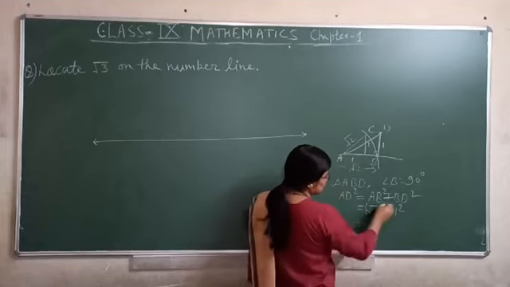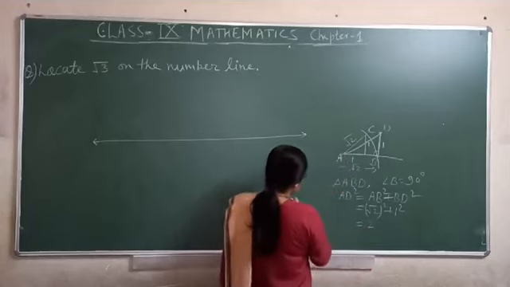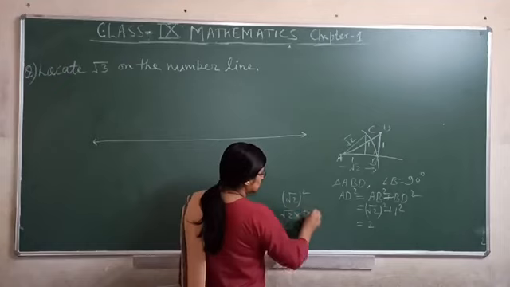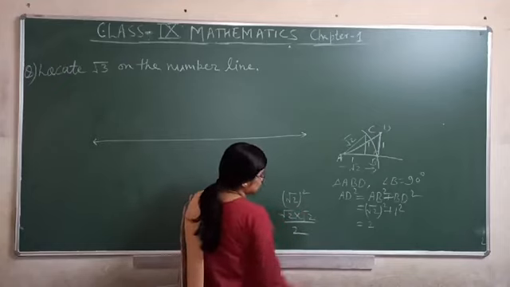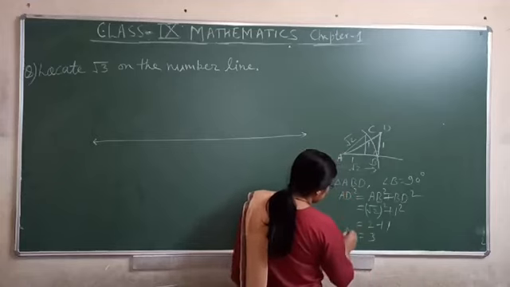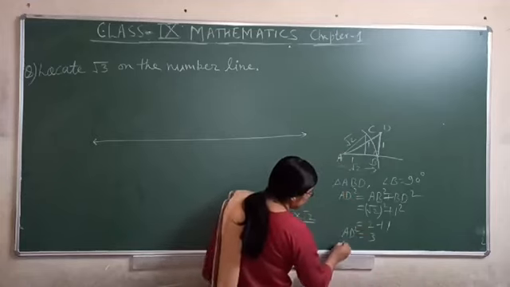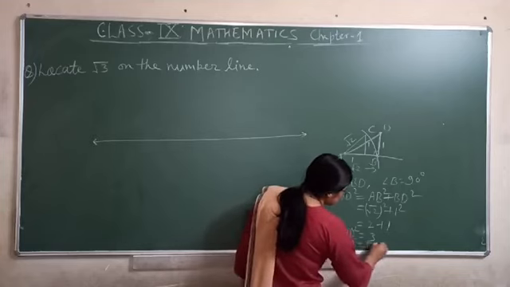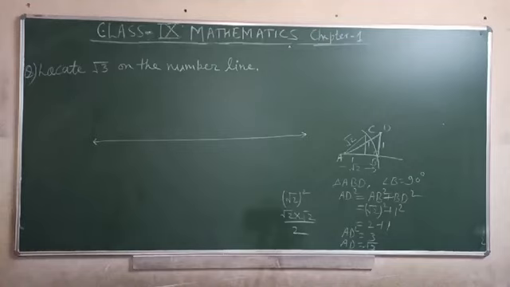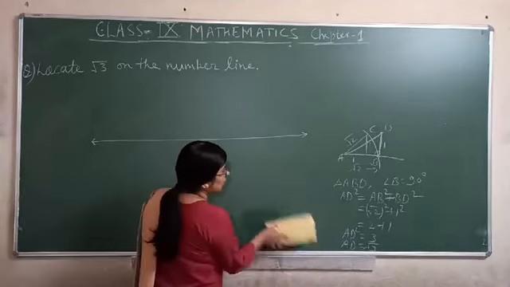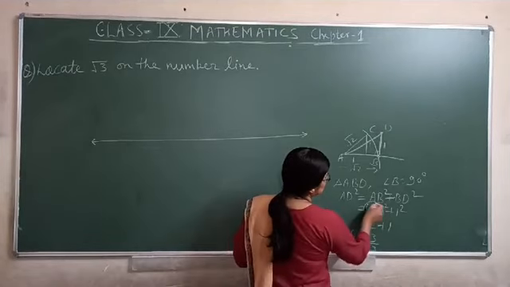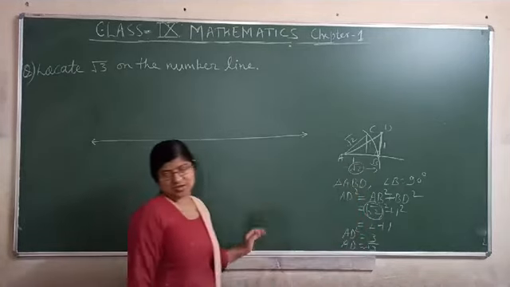Root 2 whole square means root 2 into root 2, so this will be 2 plus 1, and here will be 3. AD square equals 3, so AD equals root 3. Okay, that's the calculation. So for drawing root 3, first you need root 2. You have to draw root 2 first.